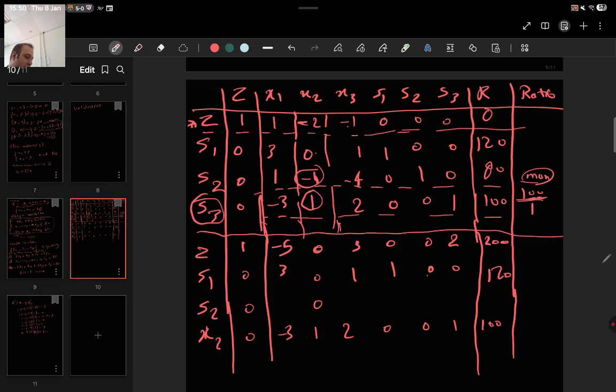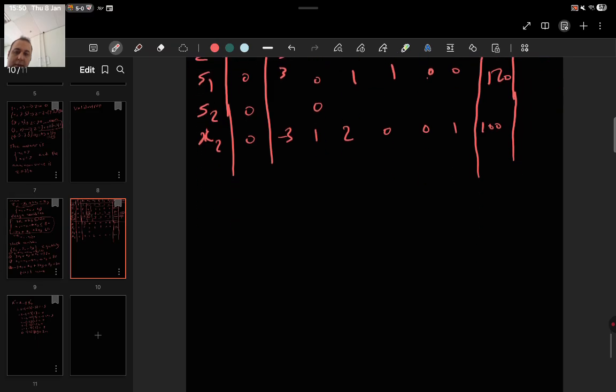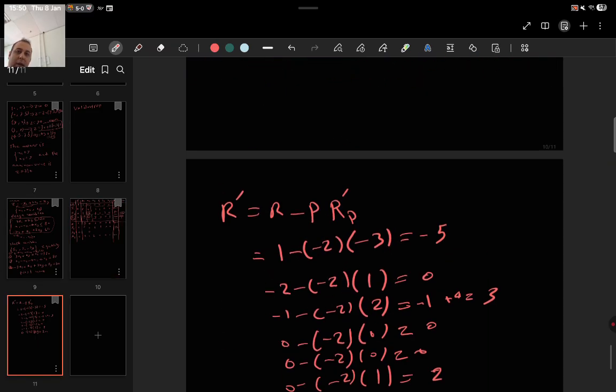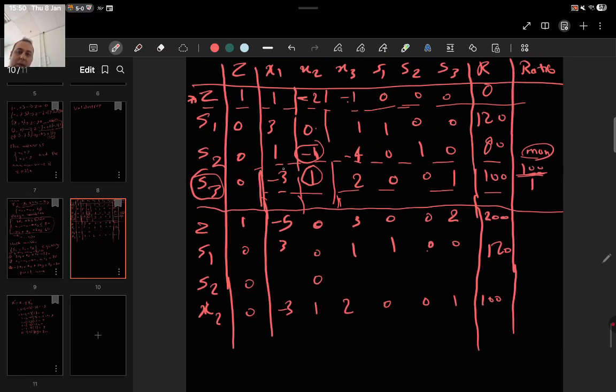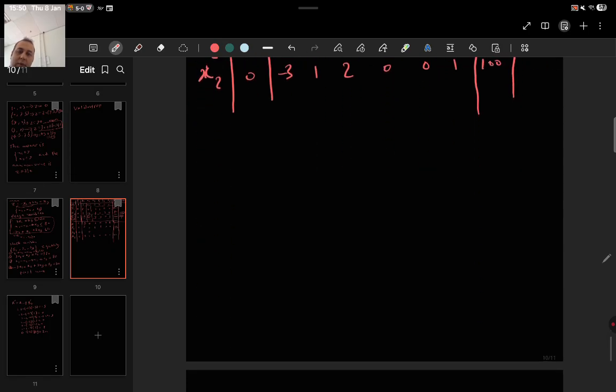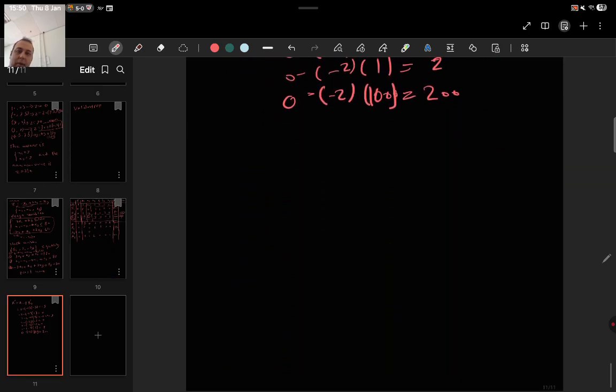Minus 1, right? Okay, I write down all the parameters in here, which is the whole row: 1, minus 1, minus 4, 0, 1 and 0.